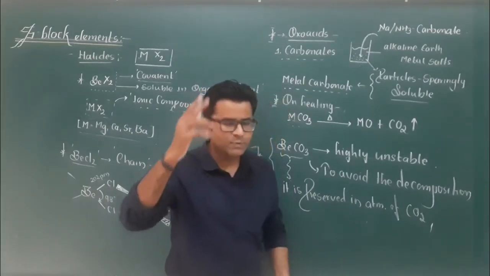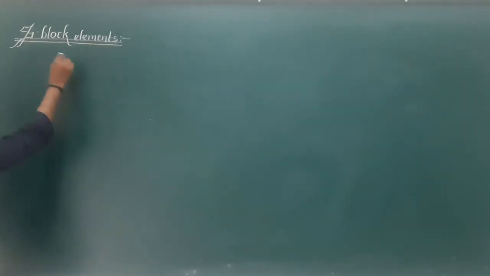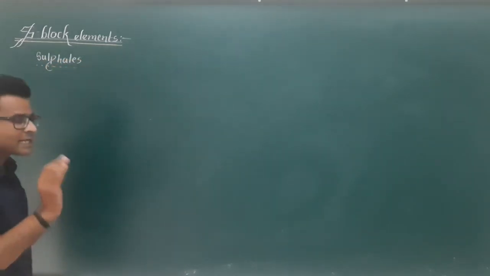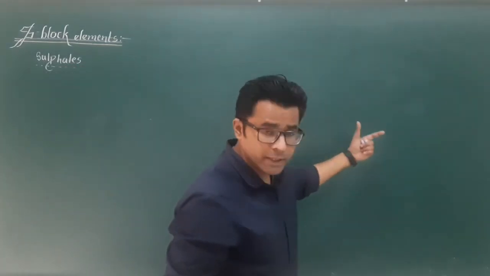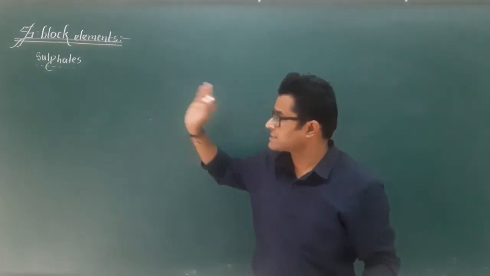Alright, so let's move to the next one, and that is going to be the sulfates under oxoacids. We have already seen the carbonates, and now it's time for the sulfates.